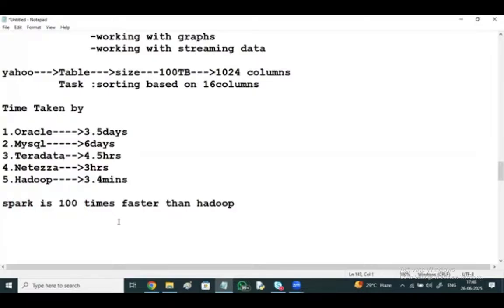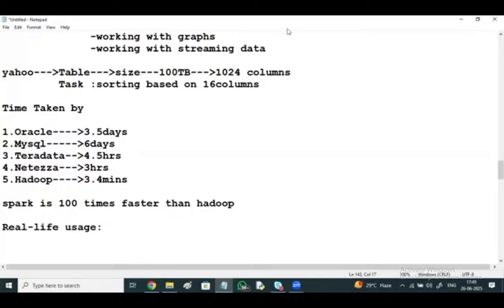So that is the speed of Spark compared with the other things, right? Motivation towards Spark. Even if you talk about some real life usage of this Spark, in the commercial sector it is mostly used.